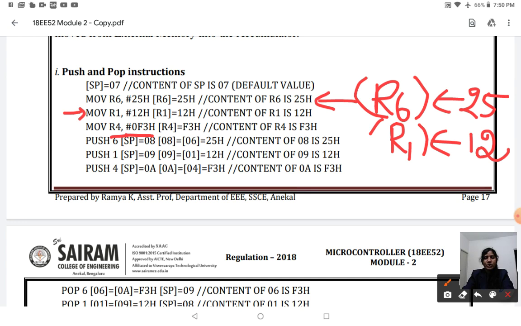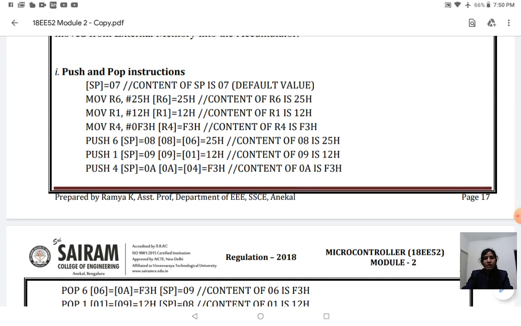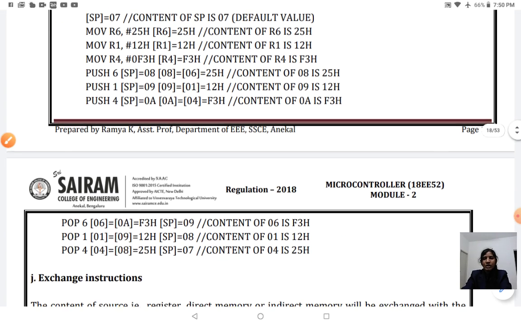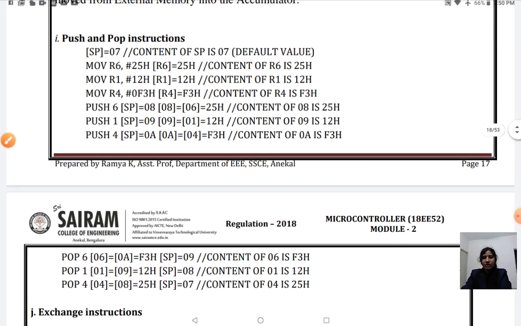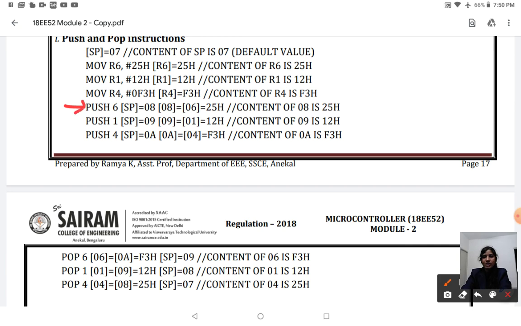Push 6. The meaning of this particular instruction, push 6, is pushing the value of R6 onto the stack. Now what is your stack pointer address on reset? It is 07.